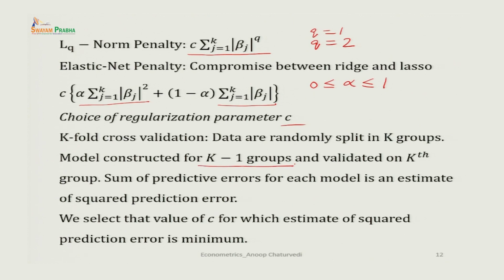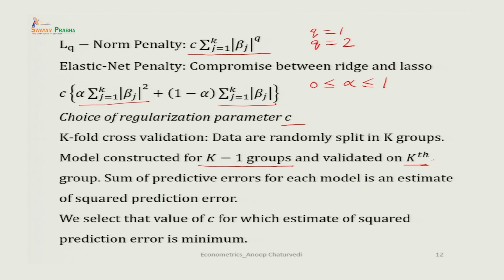All the observations in k minus 1 groups are used for fitting the model, and then we validate the model on the kth group. So, for instance, on the basis of observations of these k minus 1 groups, we fit a multiple linear regression model and then we predict the values of y for this kth group.